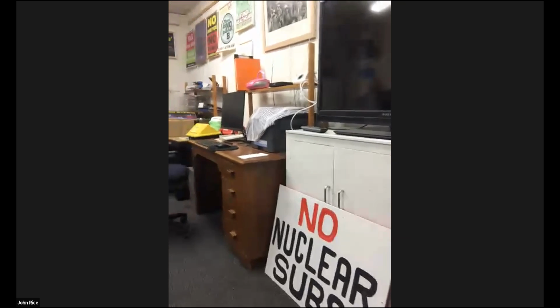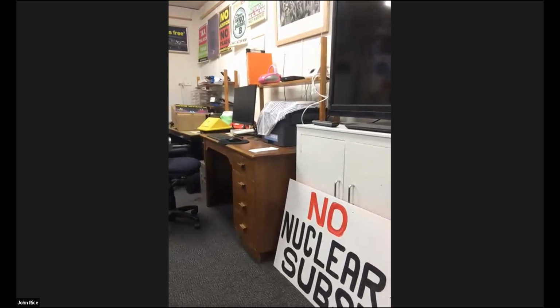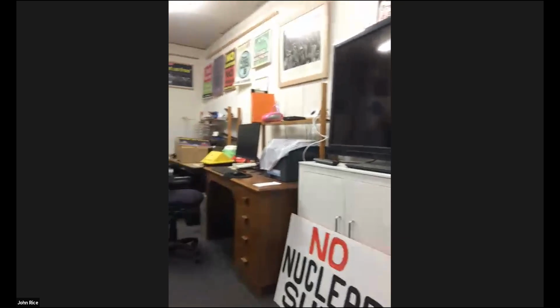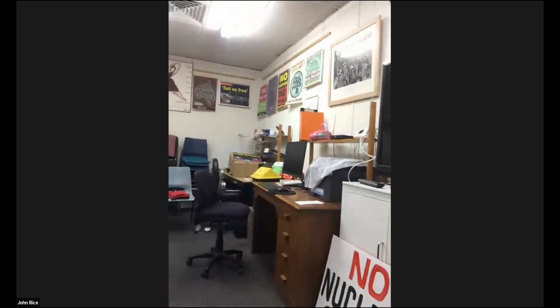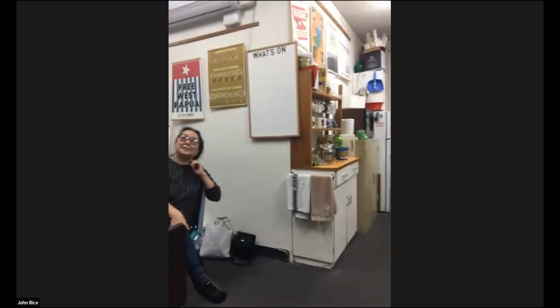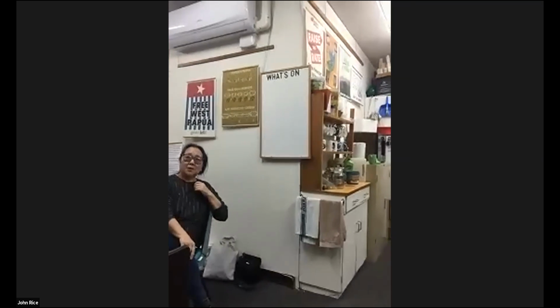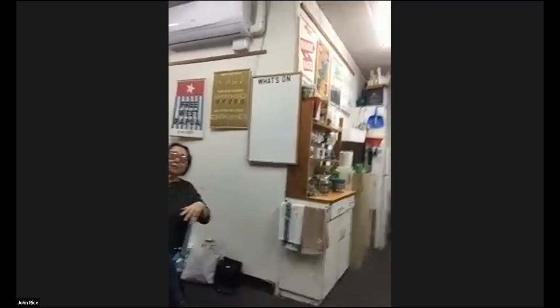Okay, so that's no nuclear subs. So saying let's not have nuclear submarines, because this is linked with the general anti-nuclear movement in Australia, which has a long history for various reasons. Are they supporting just conventional submarines?